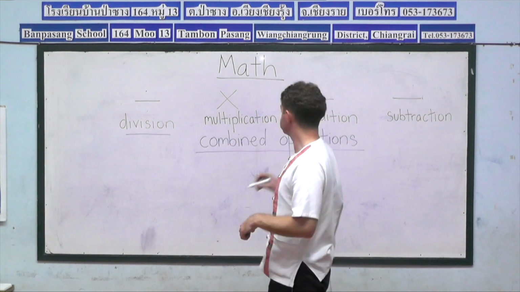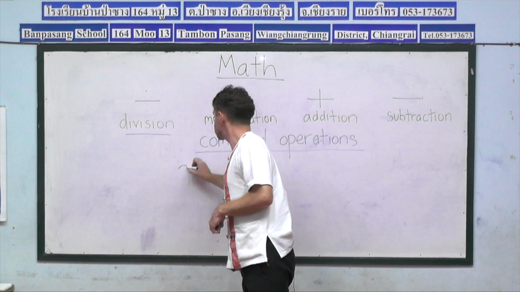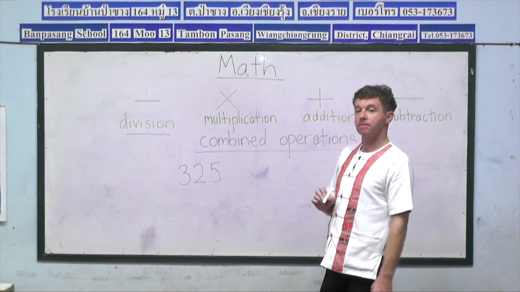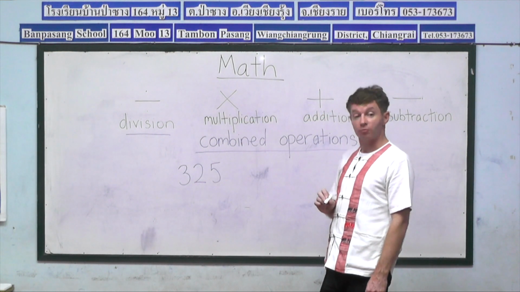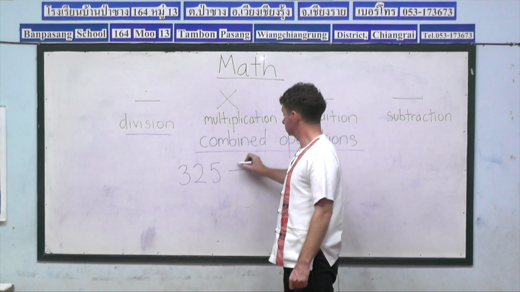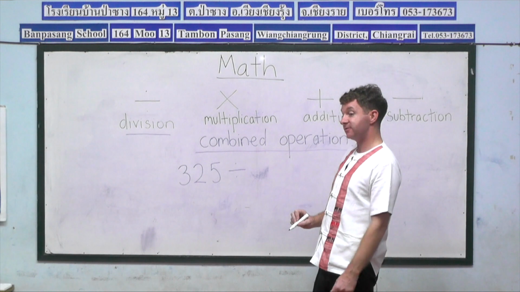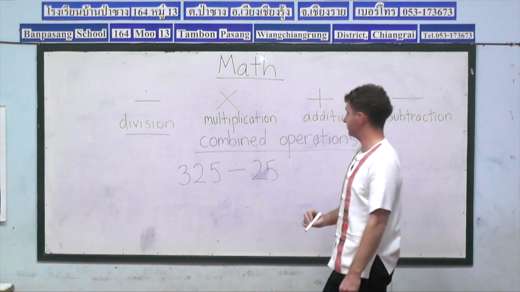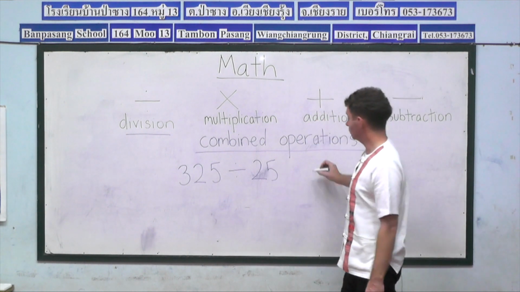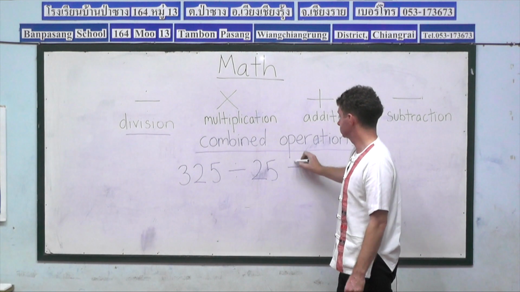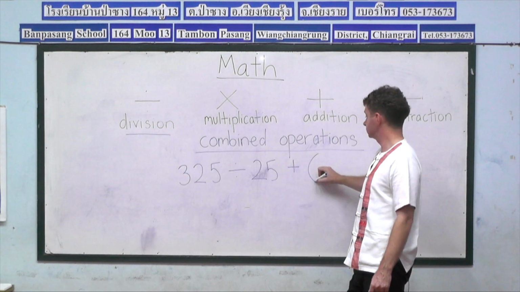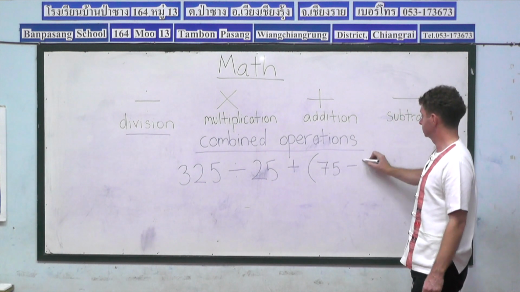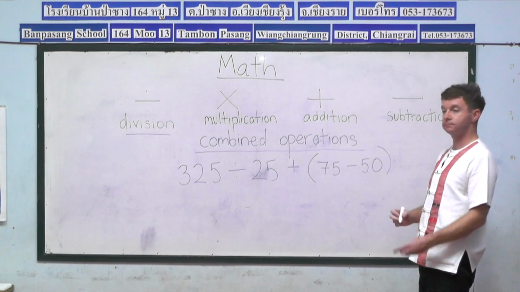First of all, let's have a look at a number such as 325 divided by 25, and then plus 75 minus 50 in brackets.